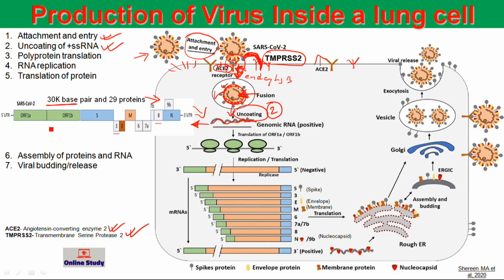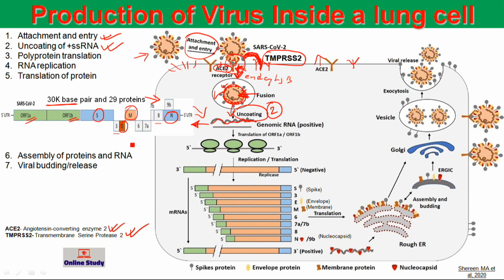And this mRNA has multiple open reading frames, especially open reading frame 1A and 1B, that can produce the polyprotein in the next step. And it also has the structural protein genes like the spike protein gene, envelope protein gene, membrane protein gene, and nucleocapsid protein gene.